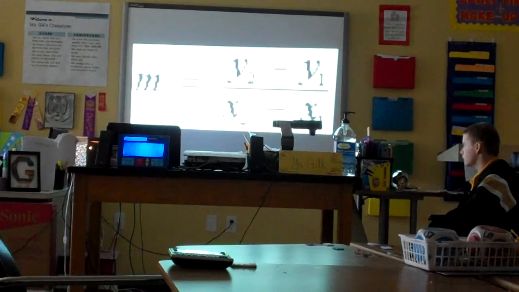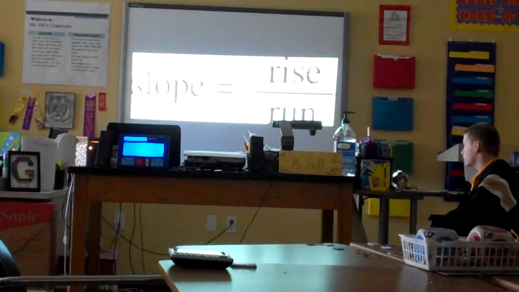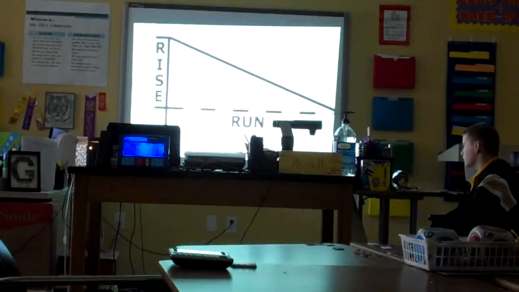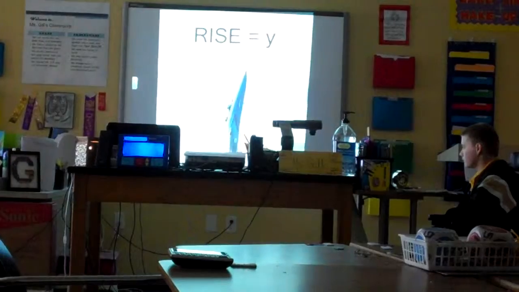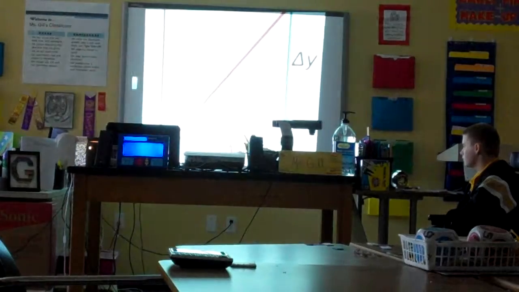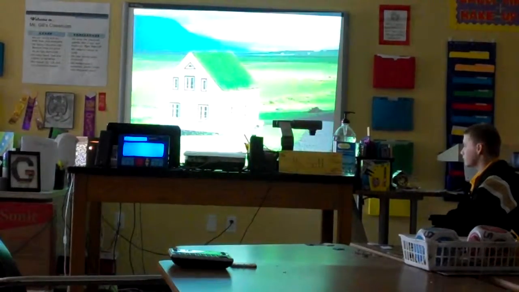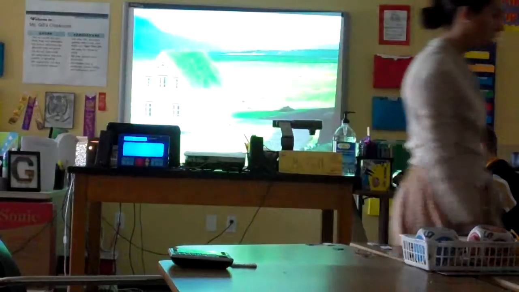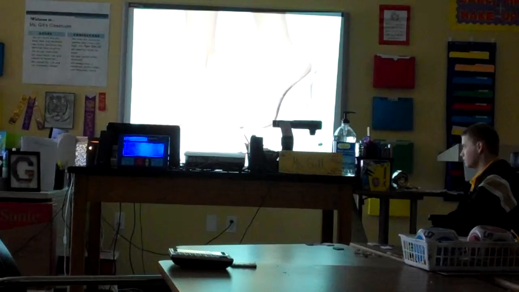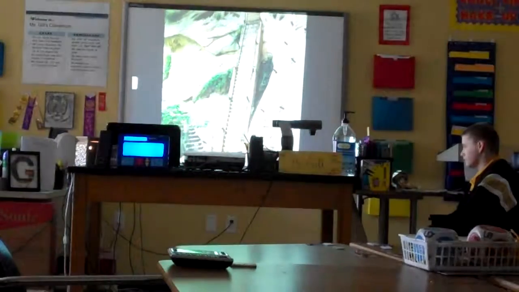In mathematics, we assign the letter M as the symbol for a slope, and one of the ways to find it is using formulas like this one, or this one here. You may think that this is new to you, but in reality you are very familiar with slopes. The slope of the hills, these beautiful shoes. Slopes can be seen everywhere.